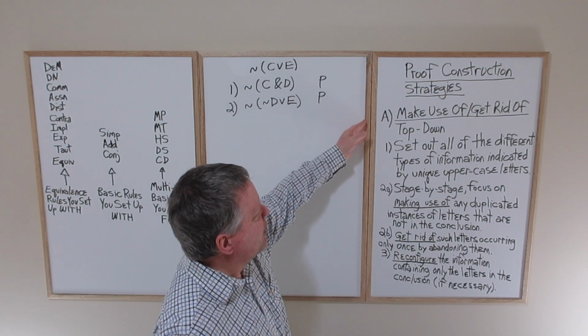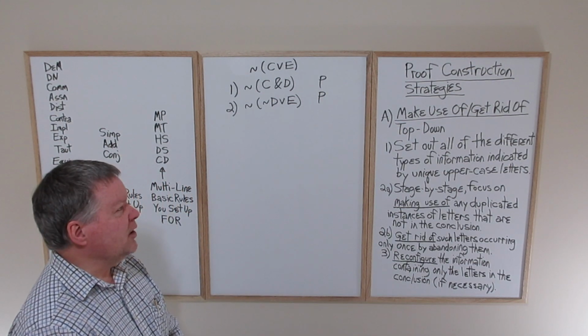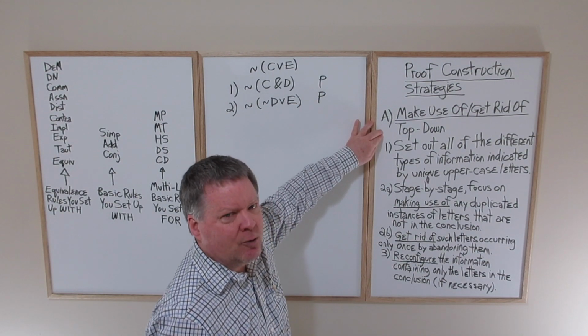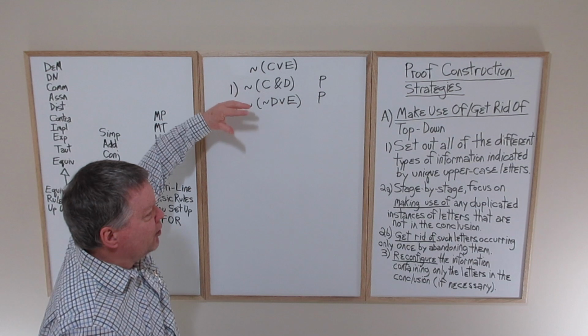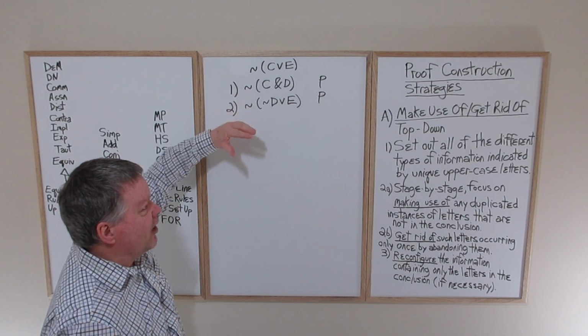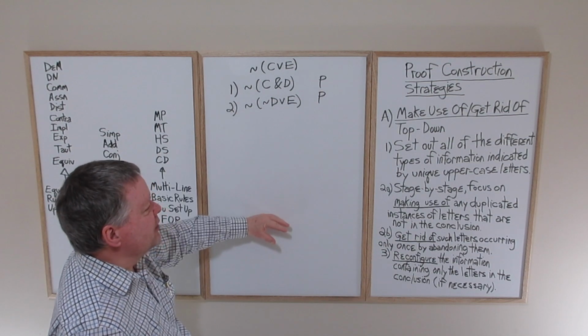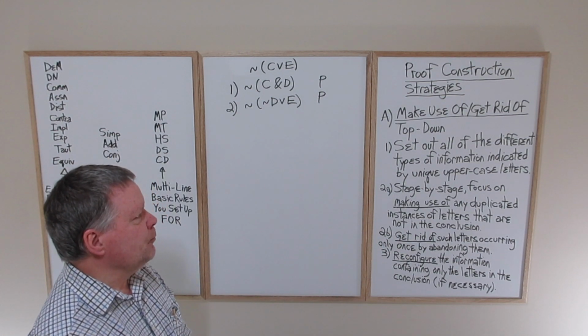We might call it the make use of / get rid of strategy. This is a top-down strategy. And what I mean by that is we start with our premises and in a systematic way we work downwardly until we arrive at the conclusion.